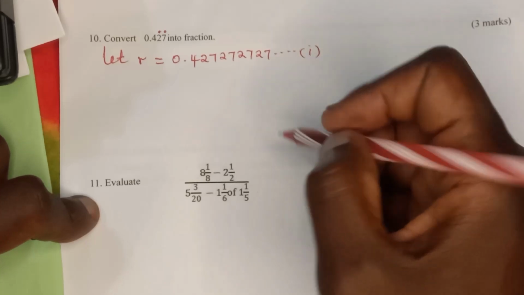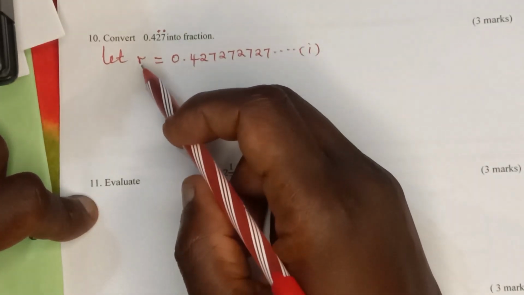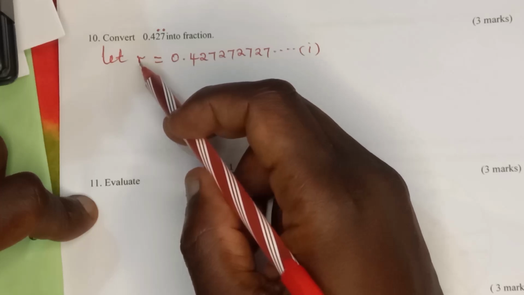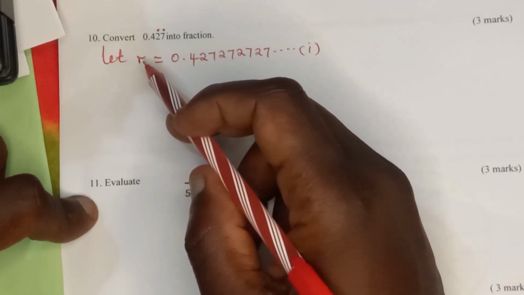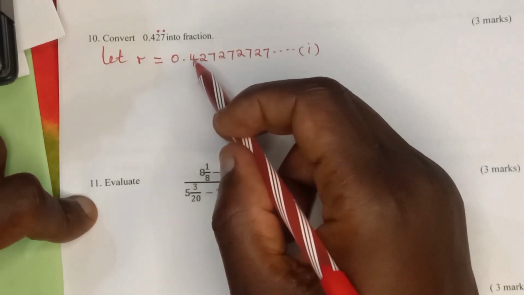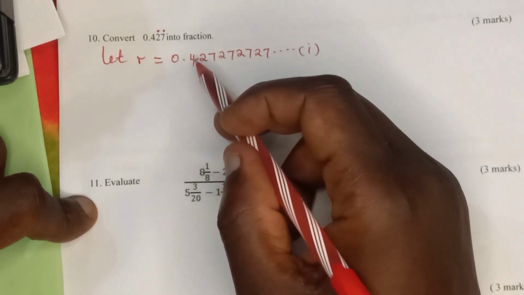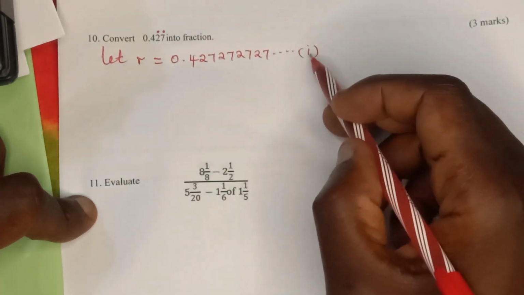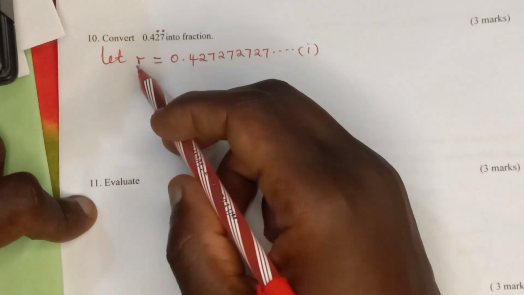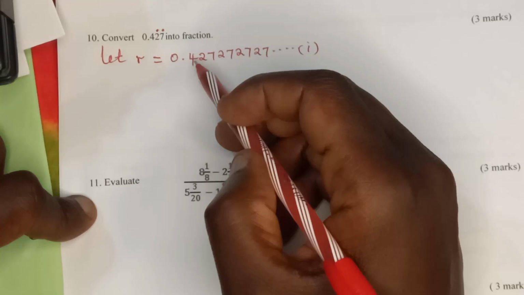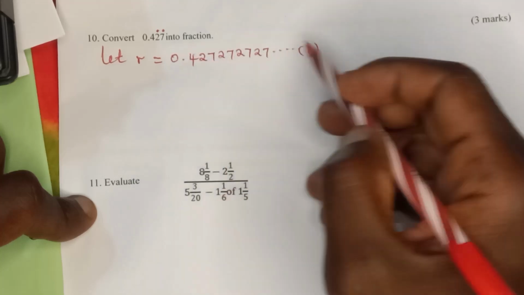Now what we're going to do is multiply this fraction r by multiples of 10 until the decimal part is uniform. We multiply by 10r and see whether the decimal part matches equation 1.